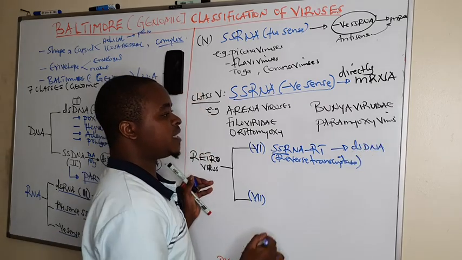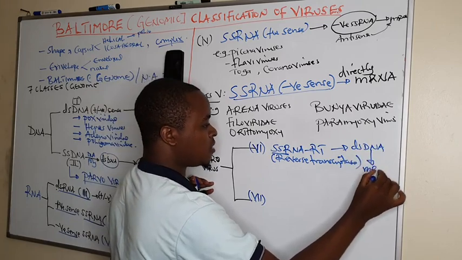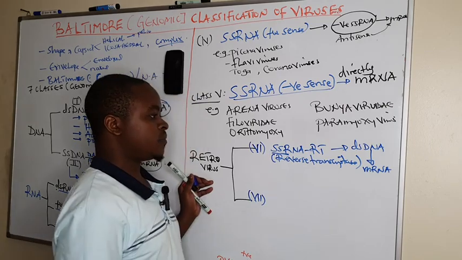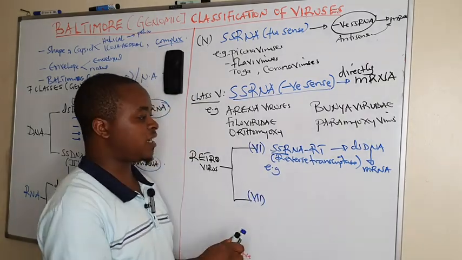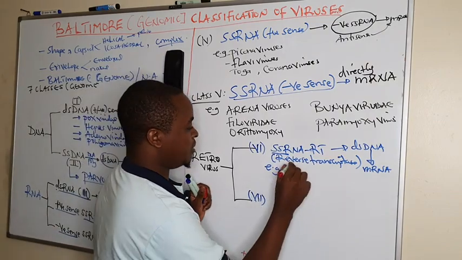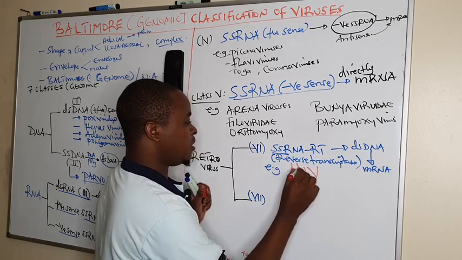And after forming this double-stranded DNA is the one that is converted into messenger RNA. And examples majorly include the very infective virus known as HIV. So HIV belongs here.